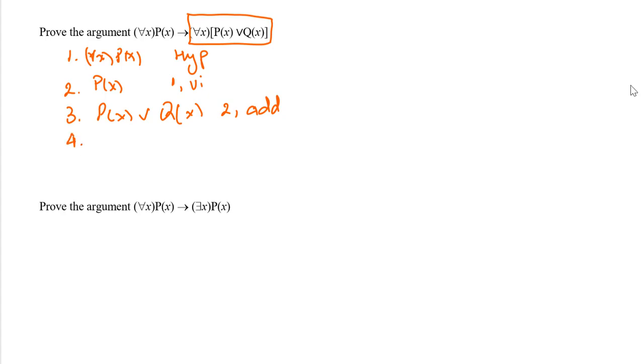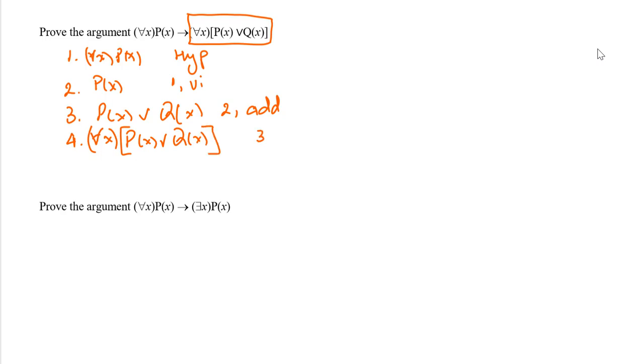So the next thing, again, here is my goal. Since p of x or q of x holds for any x, I didn't make it any specific variable, I could insert back the quantifier. It will be for all x, p of x or q of x.